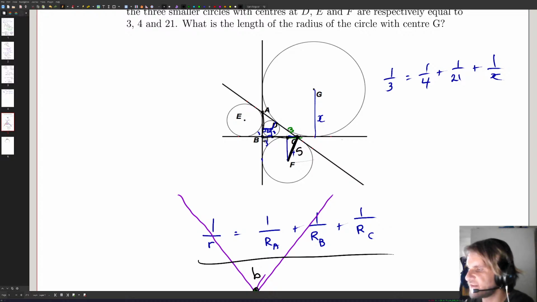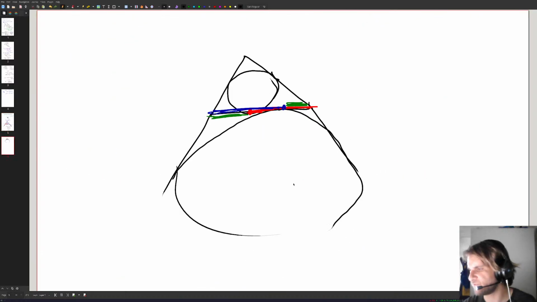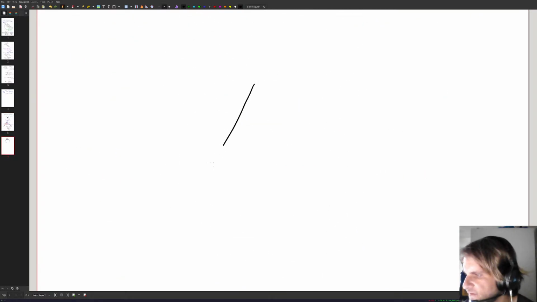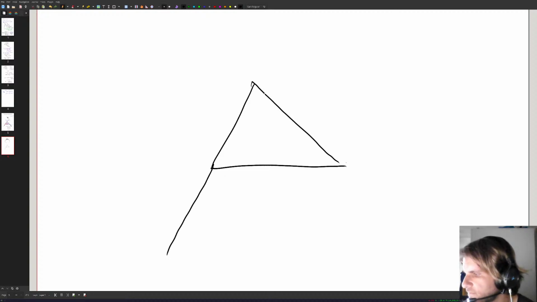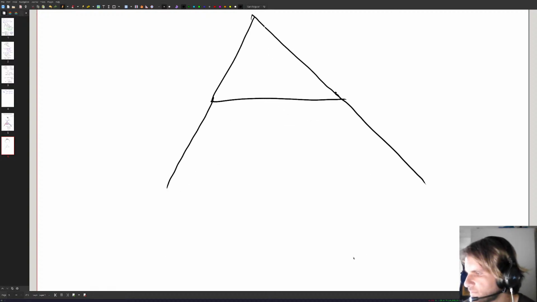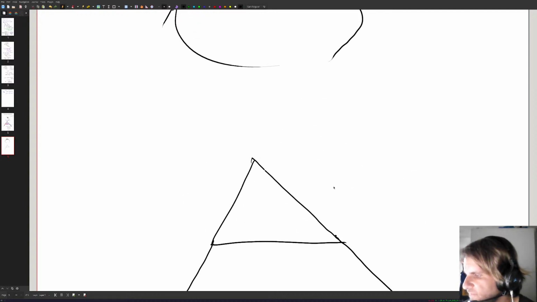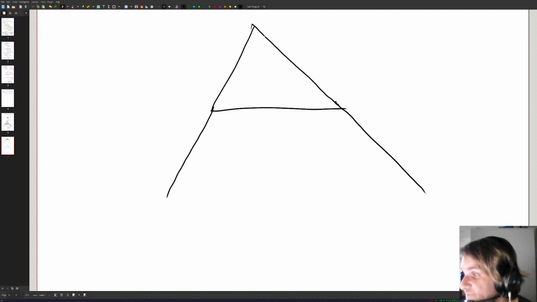Because I was going to say that these circles are similar to each other. Let's draw that. Maybe that's where the formula comes from, actually. So maybe we're about to prove it.